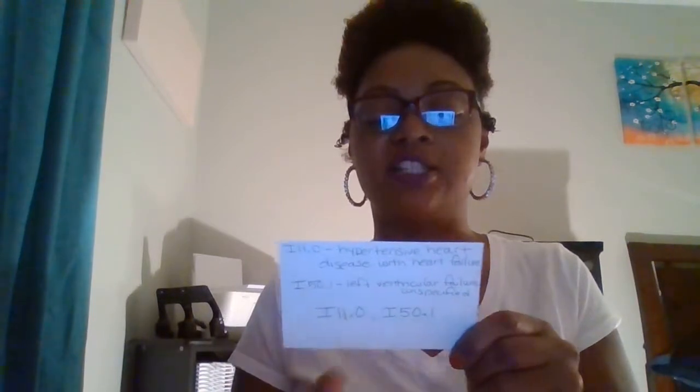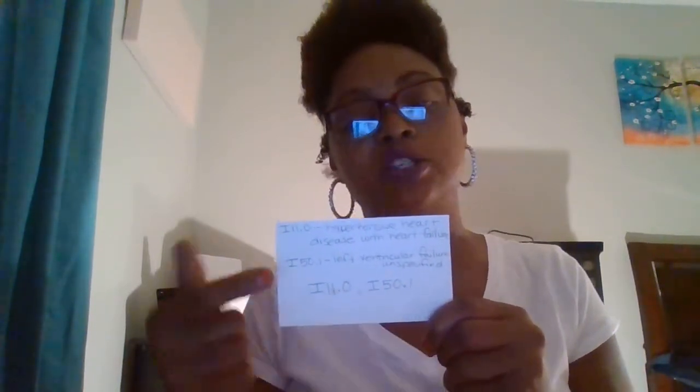This is going to be your answer when a patient has hypertension with left heart failure. So you may be a coder now and you see this in coding. If you see a patient that has hypertension with left heart failure, then you know the appropriate codes are going to be I-11.0 and I-50.1. I-11.0 is hypertensive heart disease with heart failure. And then I-50.1, as I looked up, is your left heart failure.